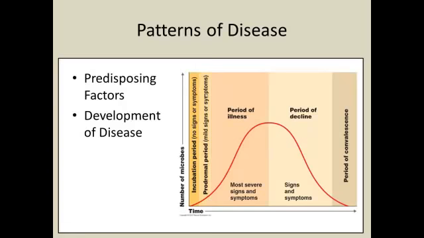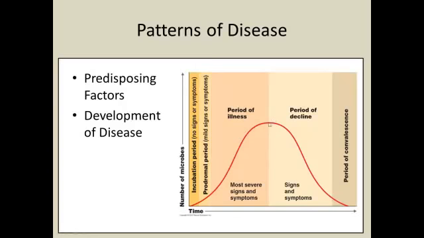Now, the prodromal period is not seen in all diseases. This is where you start to feel just not well before you start getting the classic signs of the disease. Some illnesses you skip the prodromal and you move directly to the period of illness. This is where you have the most severe signs and symptoms, and this is generally where we can tell what you're sick with.